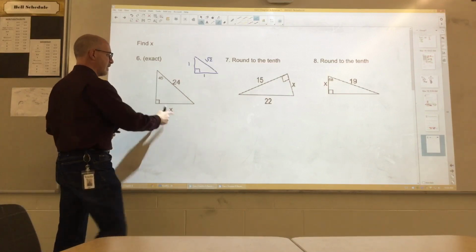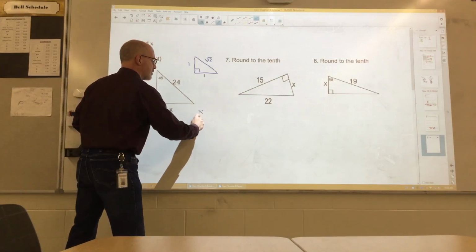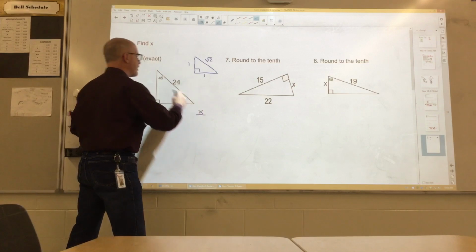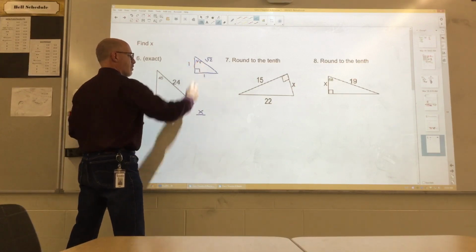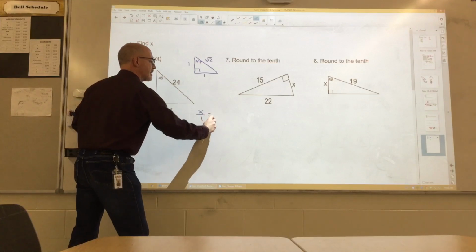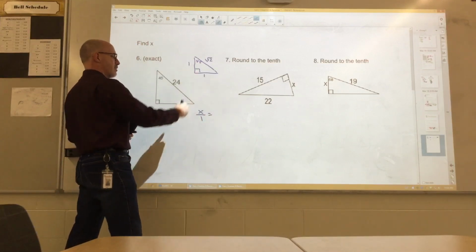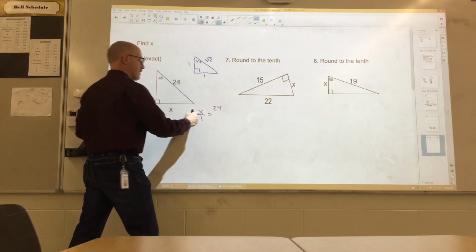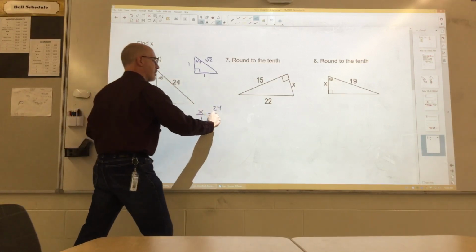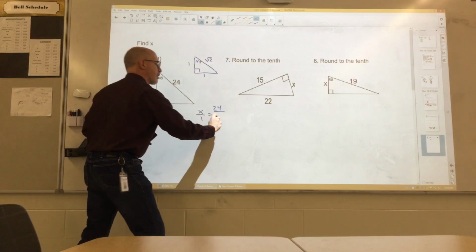If we're trying to find x, I'm going to put x, which is a side opposite the 45-degree angle, over 1. That equals our hypotenuse, so I'll do 24 on this one. Since I started with x on top, I'm going to start with 24 here, and put it over the square root of 2.